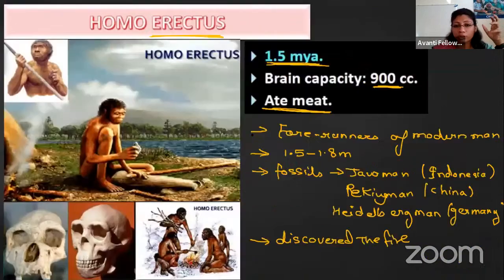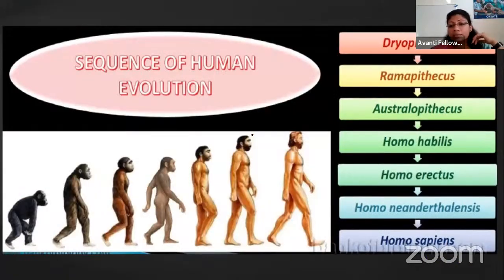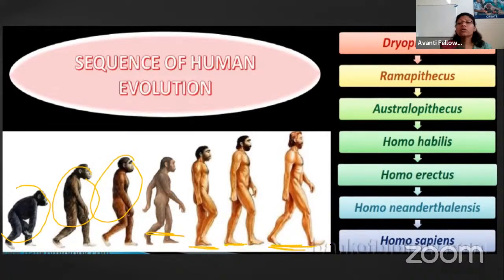We have a total of 7 stages till reaching the modern man. The first one, Dryopithecus, then Ramapithecus, then Australopithecus, Homo habilis, Homo erectus, Neanderthalians, and now we are the Homo sapiens.